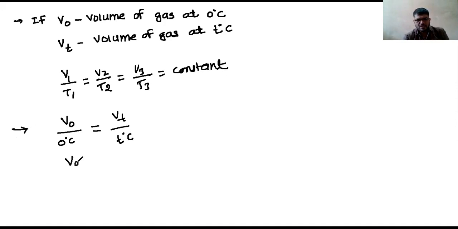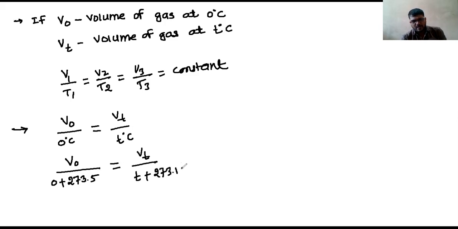Now this is V0 divided by 0 degrees Celsius, which we have to convert into Kelvin. So I am writing 0 plus 273.15, the standard value I am taking to convert into Kelvin. This is equal to Vt divided by t plus 273.15. Any doubt?